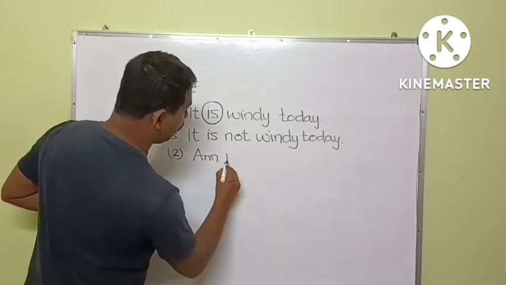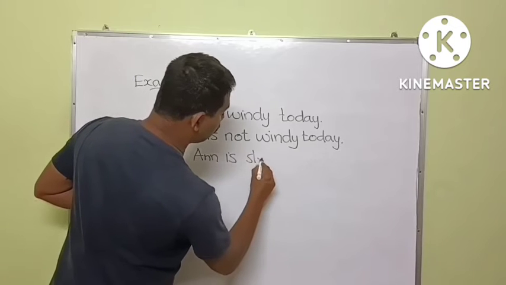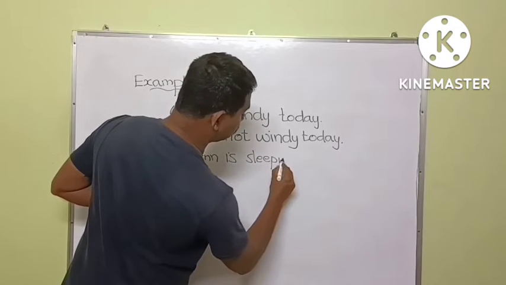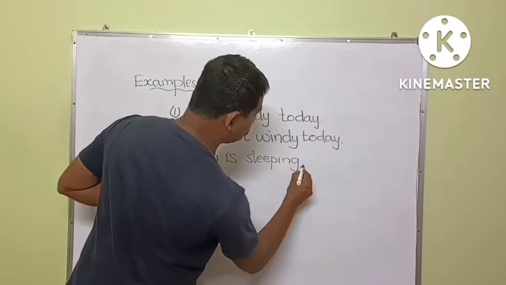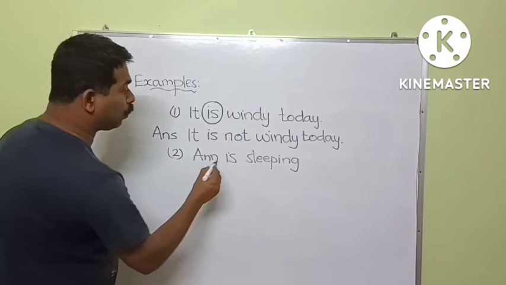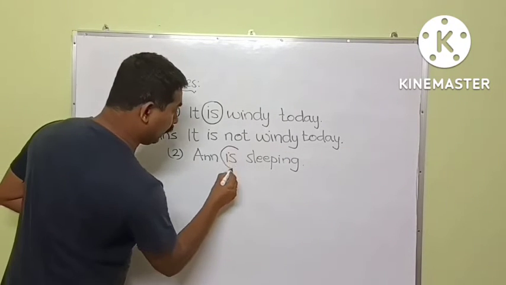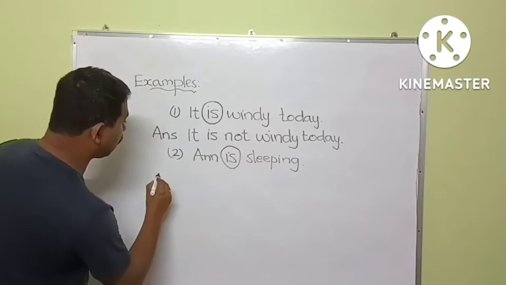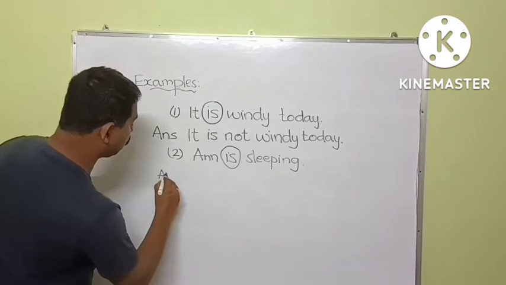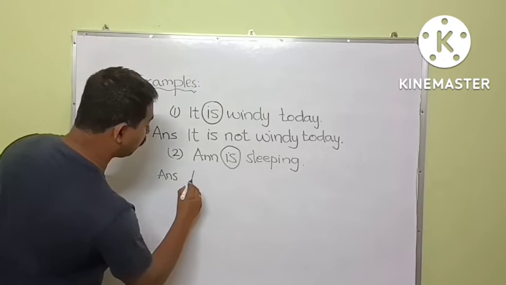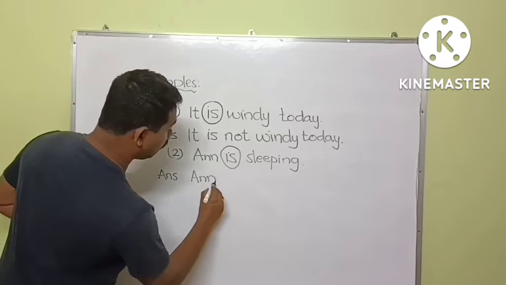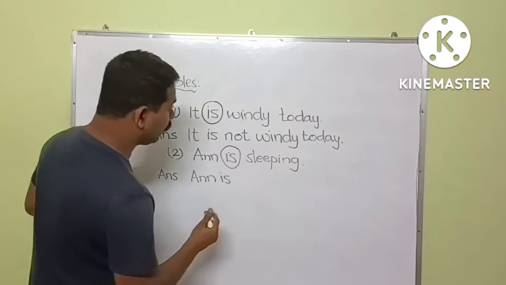Anne is sleeping. Round the auxiliary verb is, then rewrite the sentence up to the auxiliary verb, Anne is.